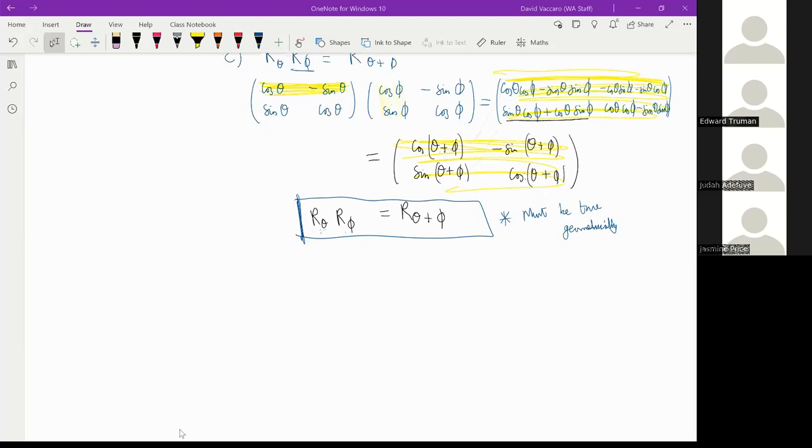Okay, let's look at something equally cool. And this turns out to be a very important idea in transformations. Does anyone here do the Rubik's Cube?